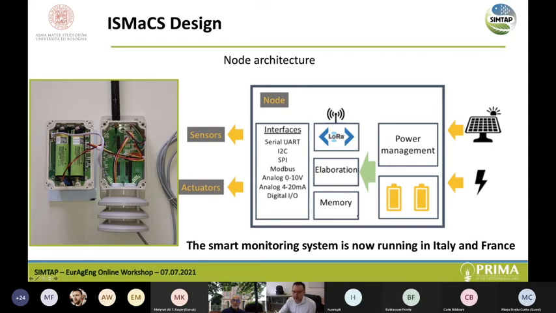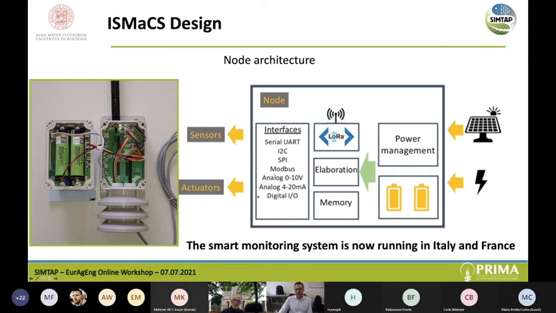The system can store but also process data. And we have developed an interface, which is basically a double interface. So we can receive data from the sensors, but we can also provide feedback and, let's say, activate processes through actuators.